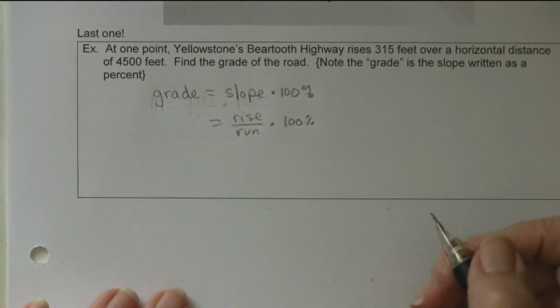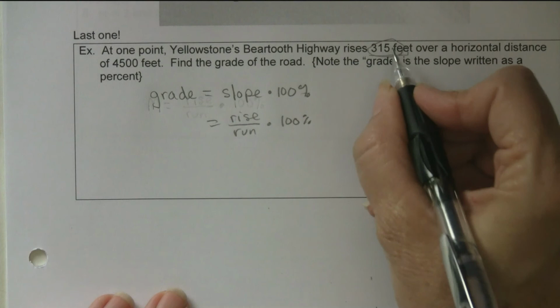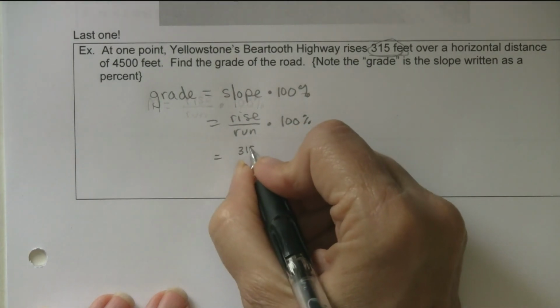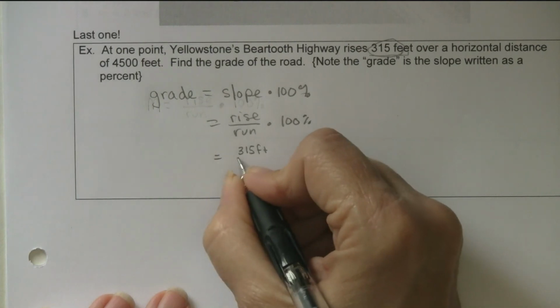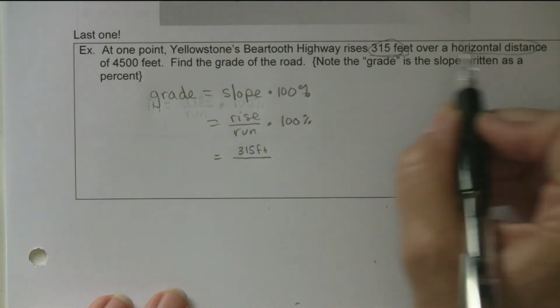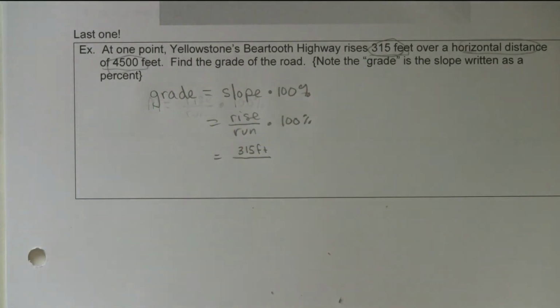Okay. In our case, they talk about the rise right here, 315 feet. Then they talk about the horizontal change, right, of 4,500 feet. But I just want to remind you that that was way back, right?